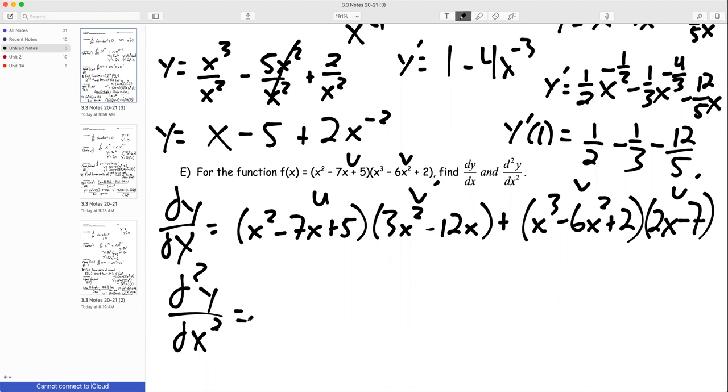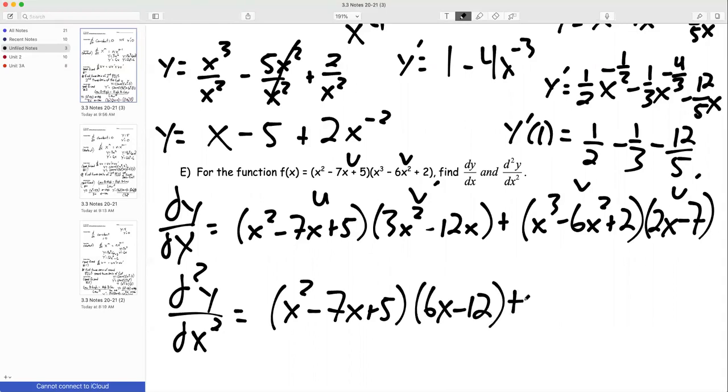Okay, so here we go. First term, x squared minus 7x plus 5 times the derivative of the second, which would be 6x minus 12, plus, now I got to do the second half of the product rule. So I got my second term, which is 3x squared minus 12x times the derivative of the first term, 2x minus 7. So that is the product rule for these two.